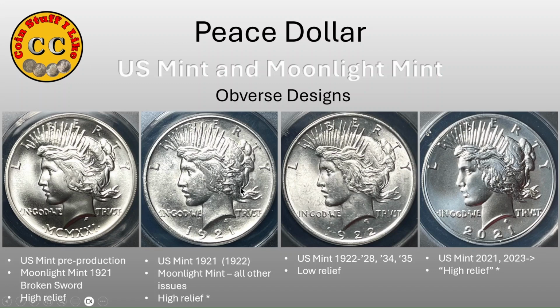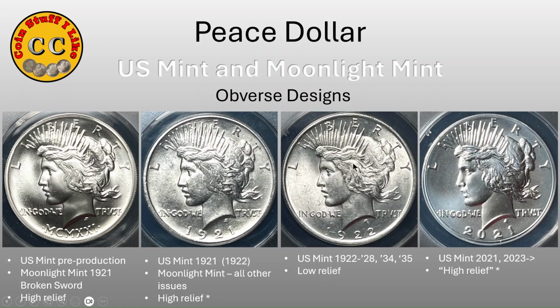So the U.S. Mint in 1921, all Moonlight Mint productions have this obverse design, different reliefs, 31 thousandths of an inch, but different reverse. But the ray only comes to the E.